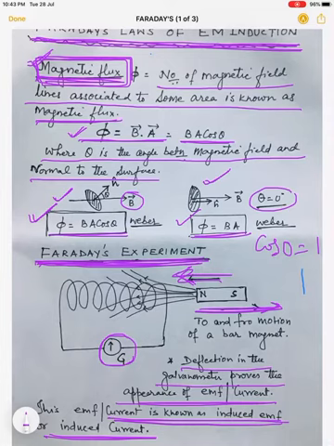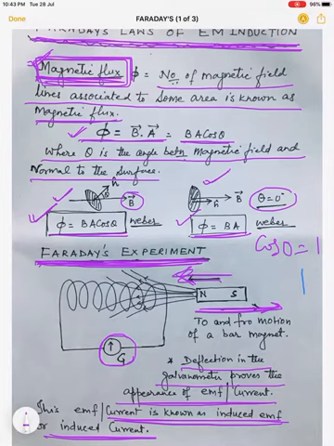So what actually is going on in this experiment? When the North Pole is moving towards the coil, the number of lines of force associated with the coil increases. So when the North Pole is moving towards the coil, the number of lines of force, that is magnetic flux, increases. When the North Pole is moving away from the coil, the magnetic flux linked to the coil decreases. So this is increase, decrease, increase, decrease. We can use the word change.